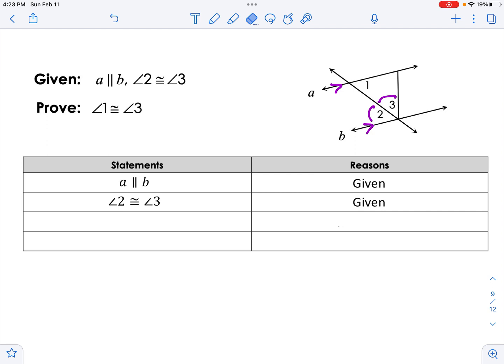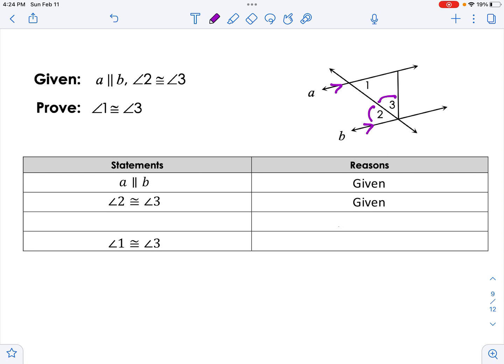Okay, so just by filling that in, we're already halfway there. Again, it is helpful to write the very last thing that you're doing, which is that we're proving that 1 and 3 are congruent. So somehow we have to get to there. We don't know the reason for that yet, but we got to get there. So A is parallel to B. Okay, 2 is congruent to 3. Well, I want to get to 1 and 3 being congruent.